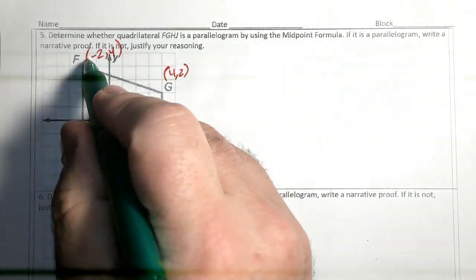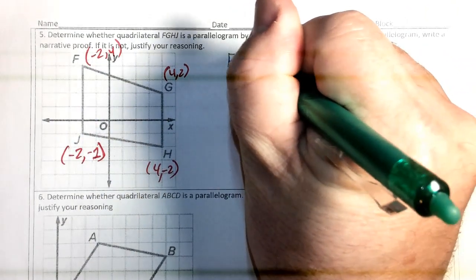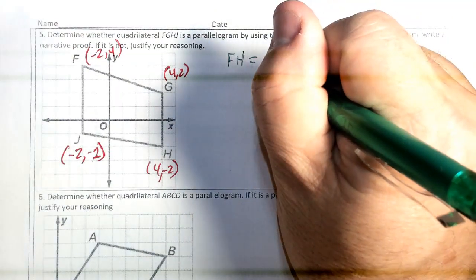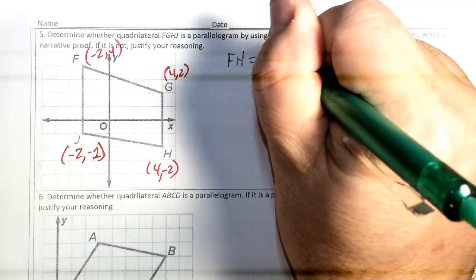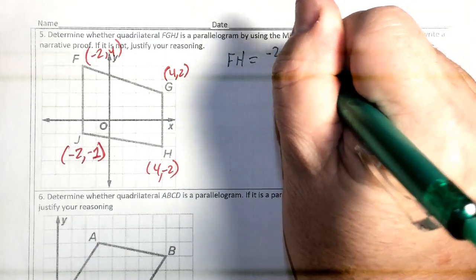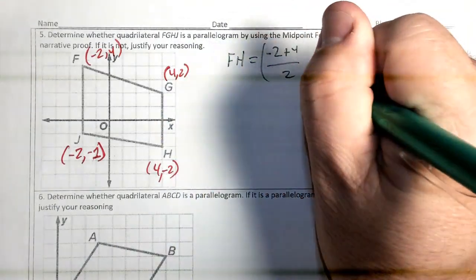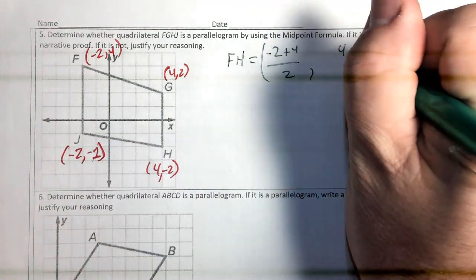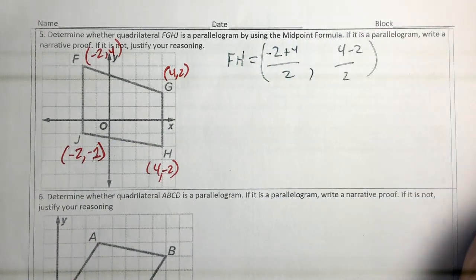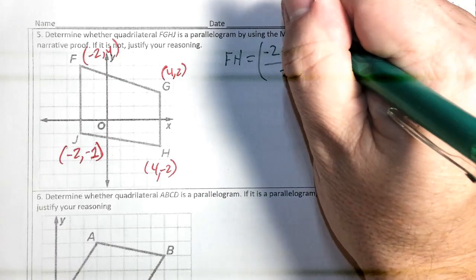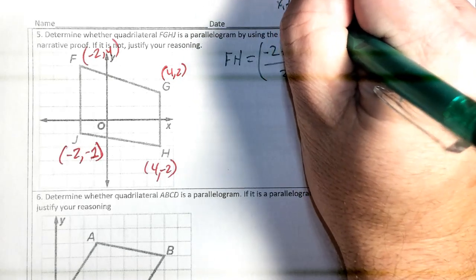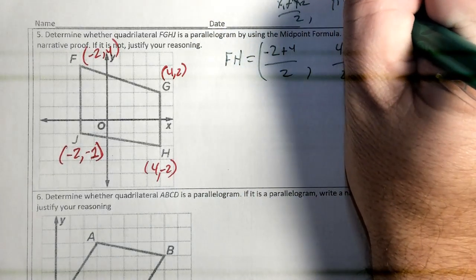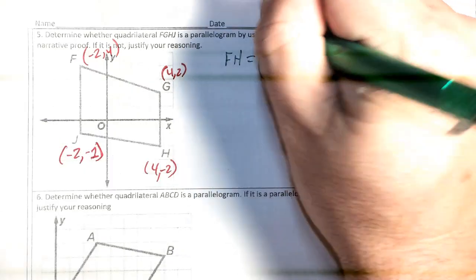So, FH. Let's use the midpoint formula, see what the midpoint of that diagonal is. Our x's are negative 2 and positive 4, and our y's are 4 and negative 2. Quick reference, the midpoint x is x sub 1 plus x sub 2 divided by 2, and the y is y sub 1 plus y sub 2 divided by 2.